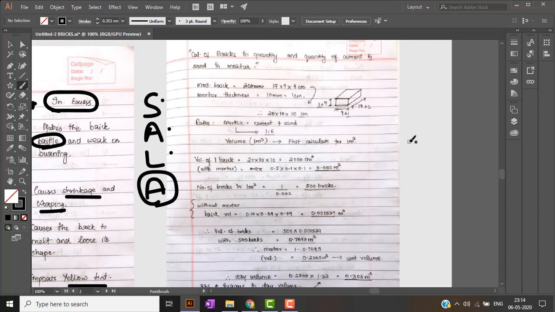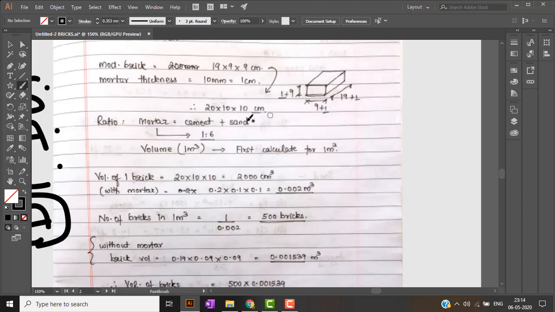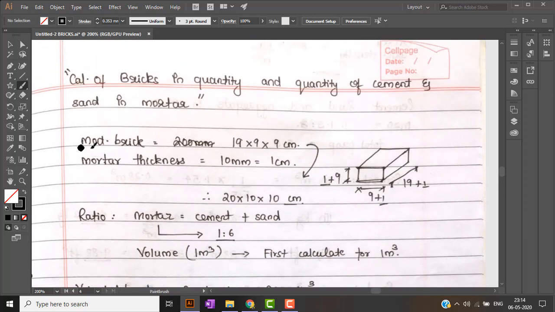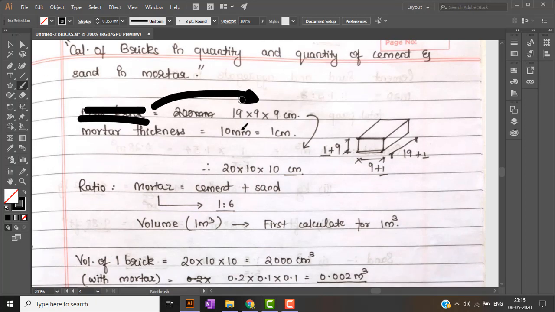Now let's see how to calculate the number of bricks in quantity and quantity of cement and sand in mortar. So you can calculate the number of bricks for any given volume, for any number of walls. Now the modular brick size, as we saw, it's not modular, it's nominal. Okay, the nominal brick size we saw is 19 into 9 into 9.